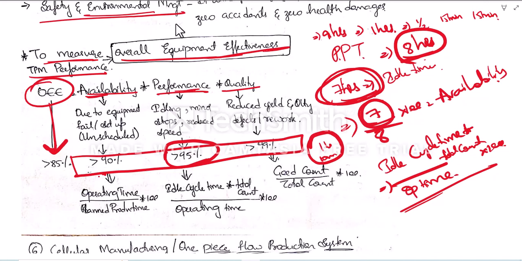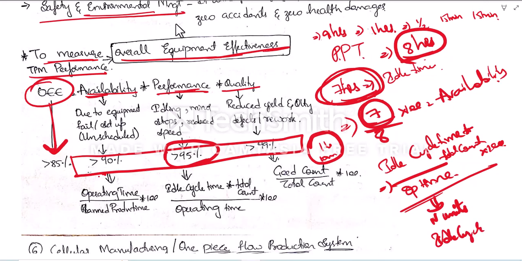Means can you understand this? See, the actual available time is this one, but in that actual time we have produced some n units. We should find out how much time it should actually take, which is the ideal cycle time.